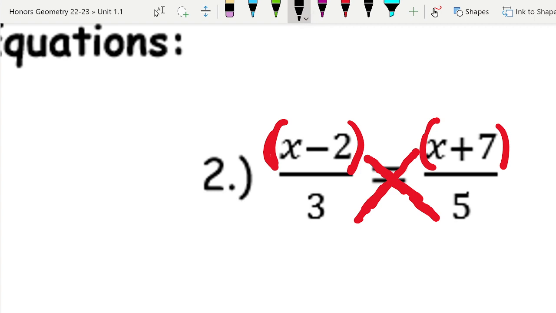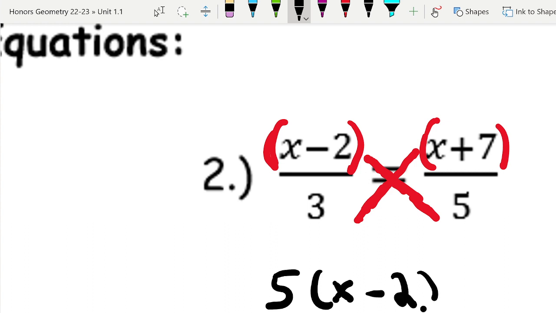So 5 times x minus 2 equals 3 times x plus 7.